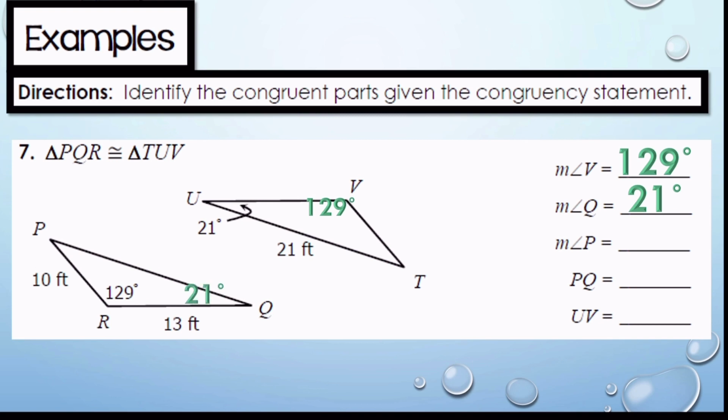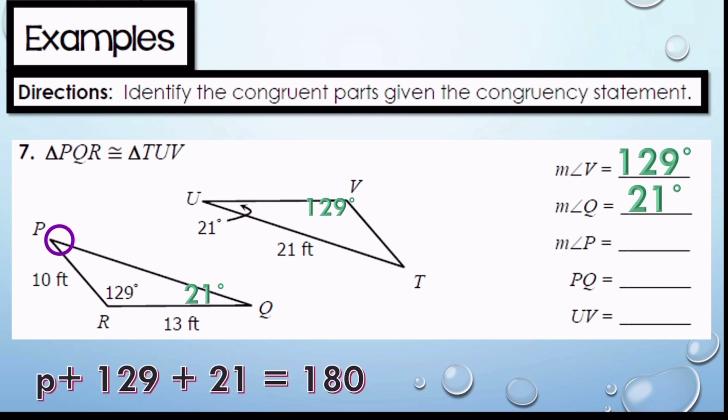So let's write 21 in for Q. Now it wants the measure of angle P. Measure of angle P is in this triangle. What do we know about a triangle? That the sum of its angles adds up to 180. So I have P, I have 129, I have 21. That should equal 180. When I solve, I find that the measure of angle P is 30.